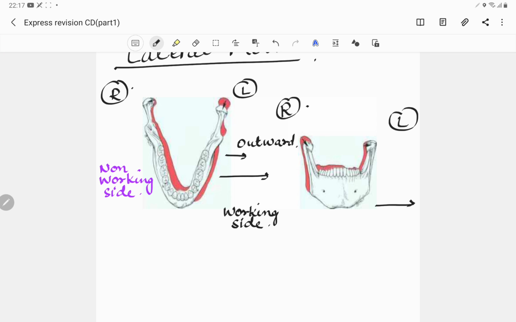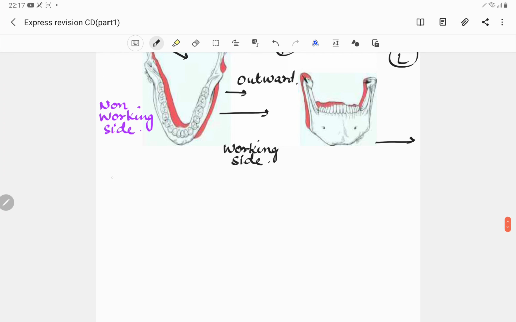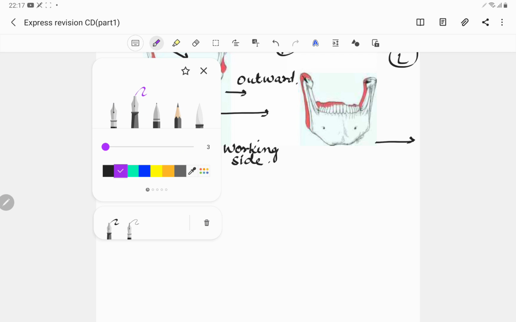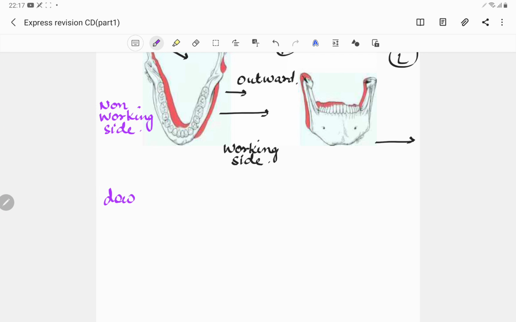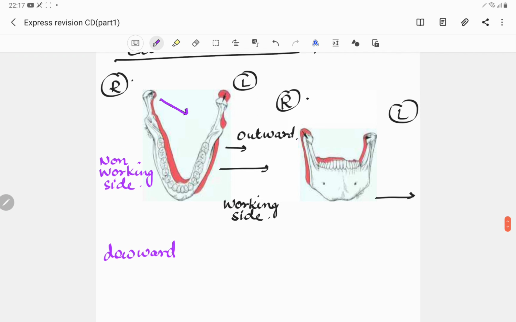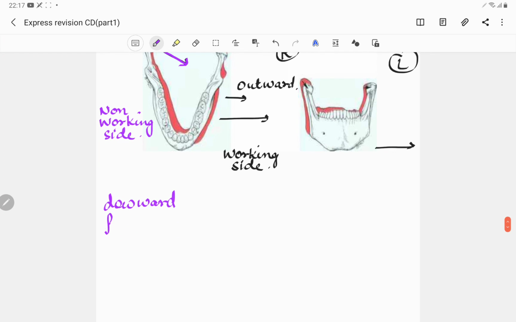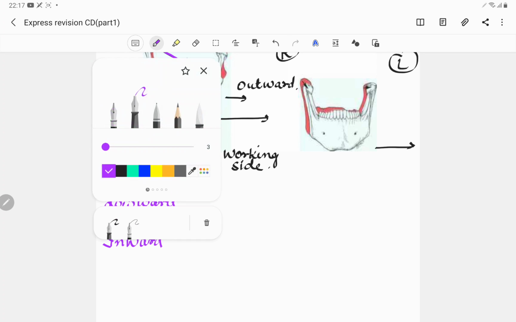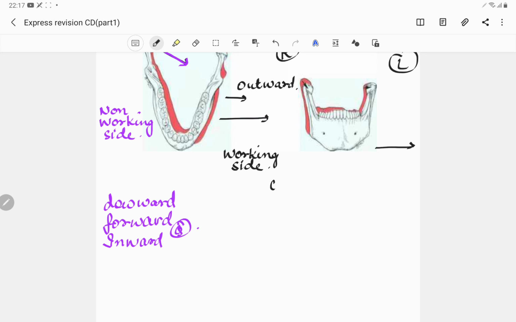But if we see the movement on the right side, then there is going to be the forward and the downward movement, like this, and also inward, right? And movement on the working side is outward.